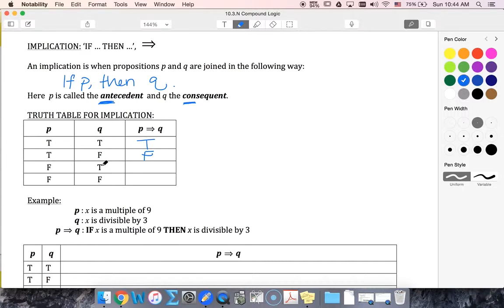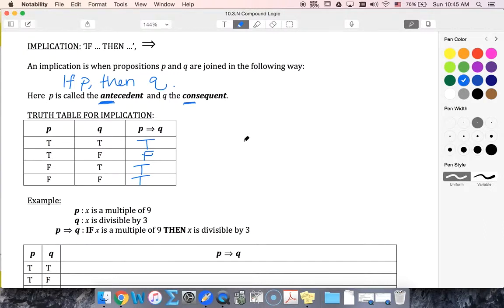So if P is false, Q could be true. That's true. We don't have enough information to know whether or not Q has been affected. So again, if P is false, Q could also be false. That could be true because, again, we don't have enough information to state otherwise. So here's my truth table for implication.